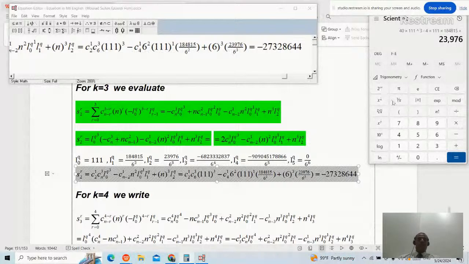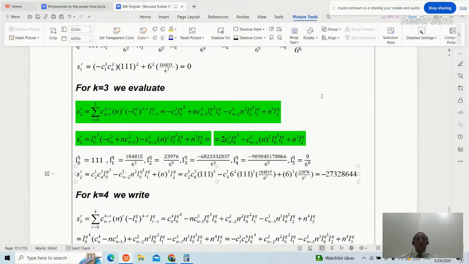So I'll just make the equal sign: equal negative 27,328,644. Therefore, I will close this one. I already calculated it using my own calculator.